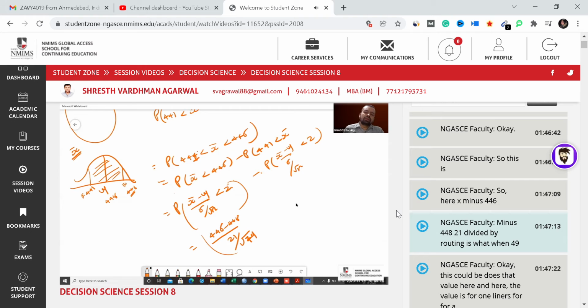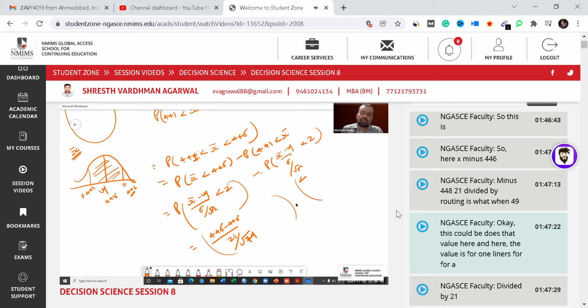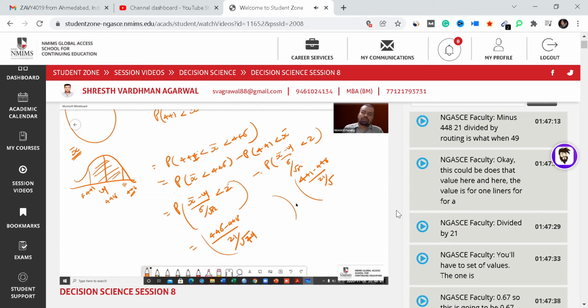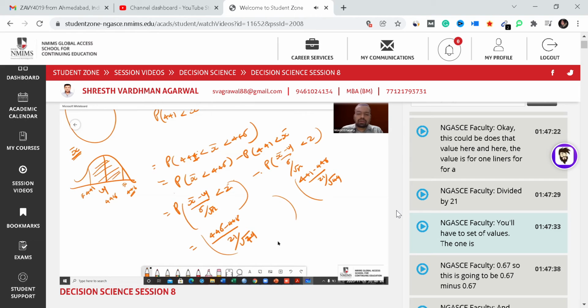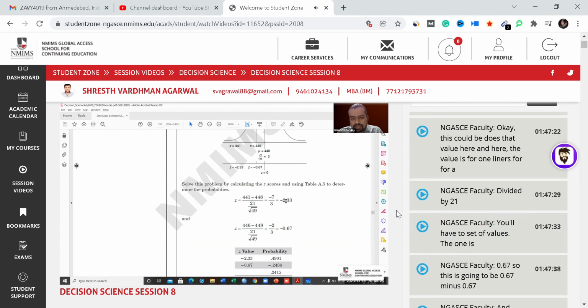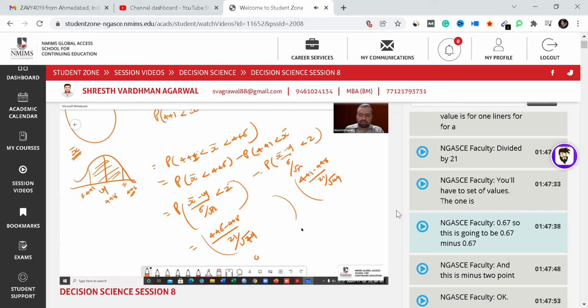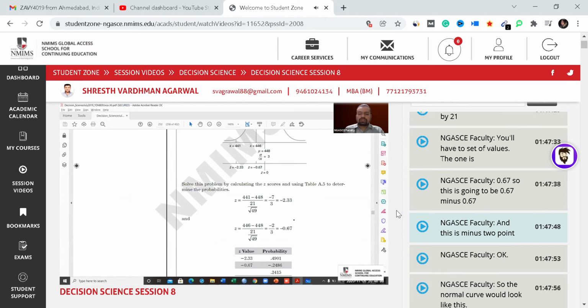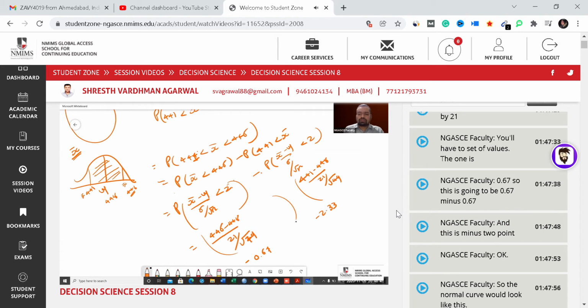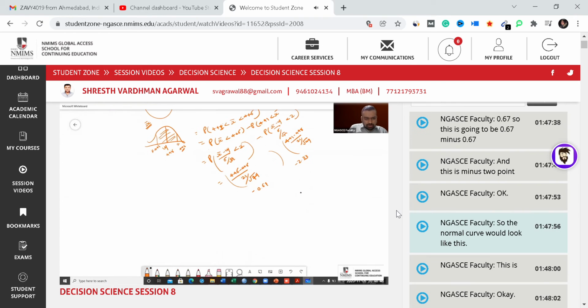This could be the Z value here, and the other Z value is 441 minus 448 divided by 21 by root 49. You'll have two Z values. One is 0.67, and this is minus 2.33. So the normal curve would look like this.